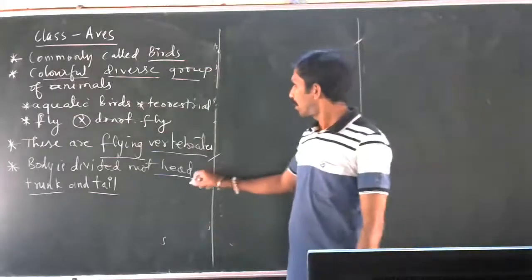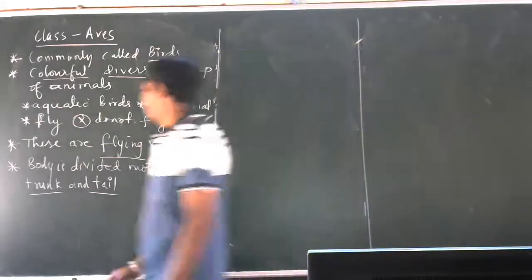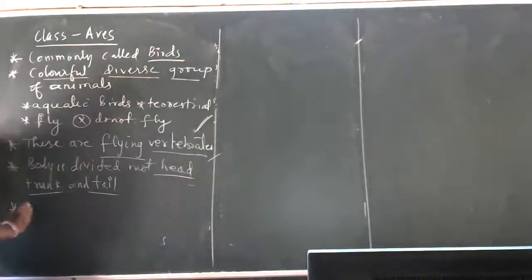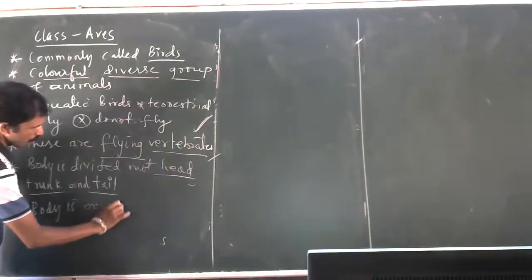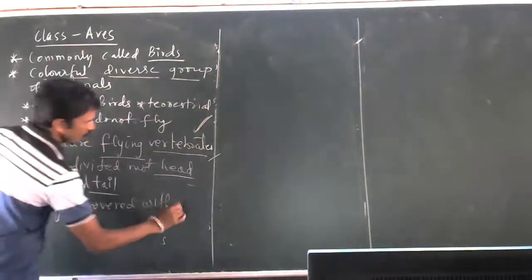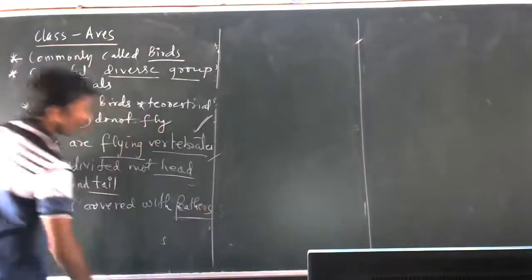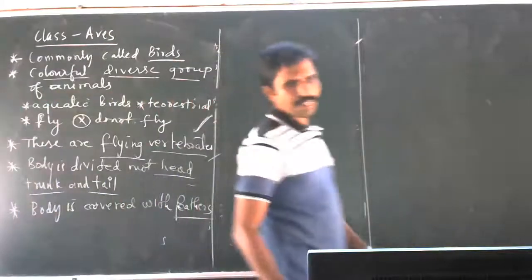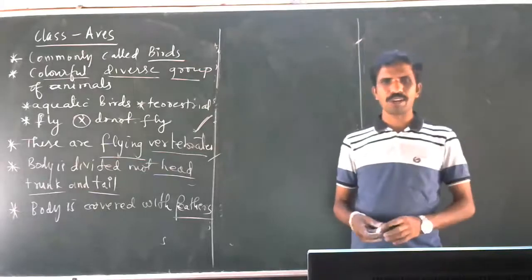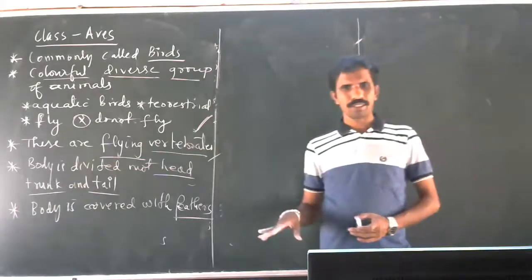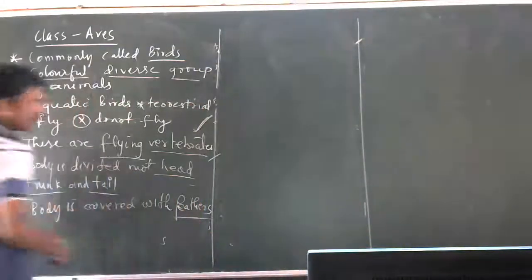The body is covered with feathers. Colorful feathers are there. If you see a kingfisher, the bird is so beautiful. If you take a peacock, the bird is very beautiful. Like that. Understood?